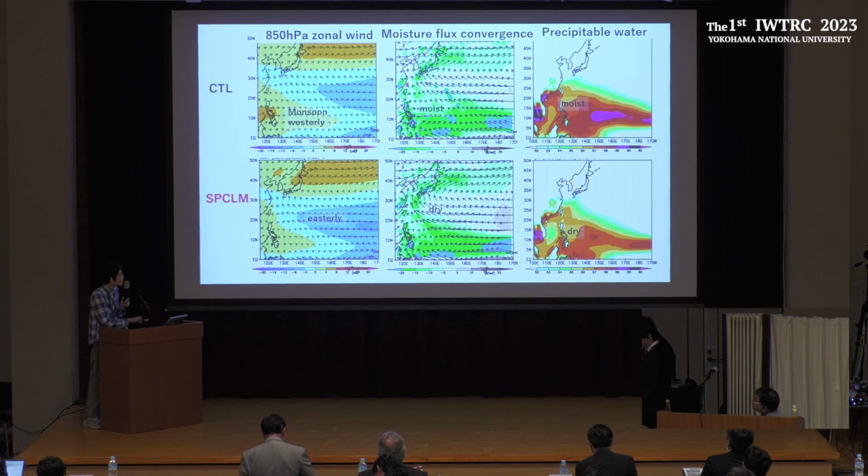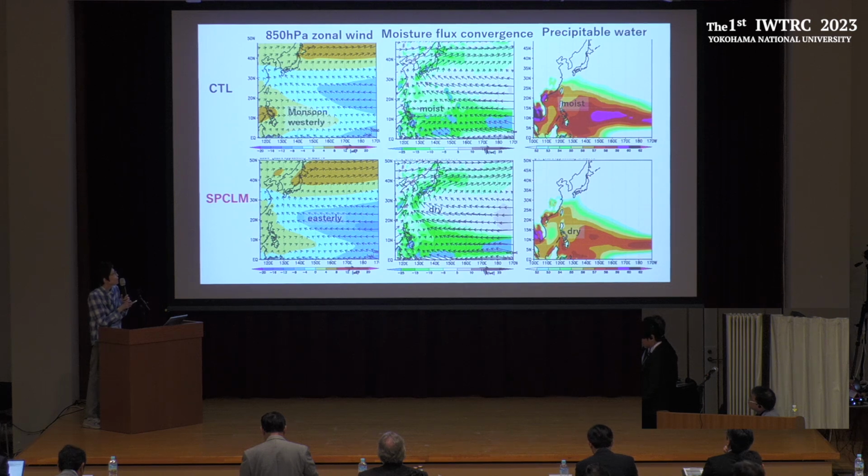So, associated with the vertical motion, in the SP cream case, the subtropical high is stronger with stronger subsidence in the subtropical domain. And then the favorable moist condition is confined in the western part of the western North Pacific.